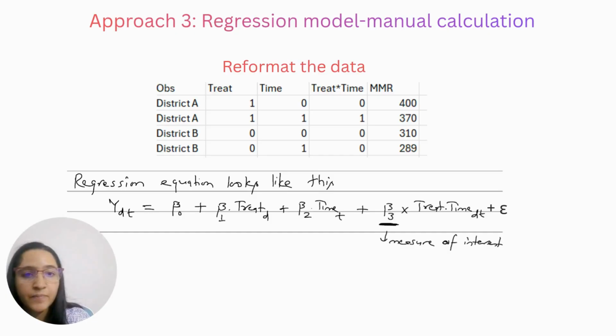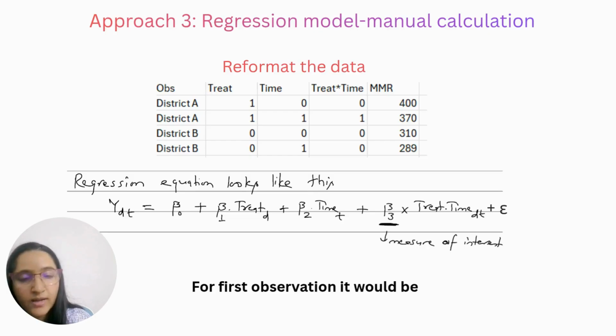So here, for example, if we would write this equation for the first observation, district A, it would look like 400 is equal to beta naught times 1 plus beta 1 times 1, that is the value of treat, beta 2 times 0, that is the value of time, and beta 3 times 0.